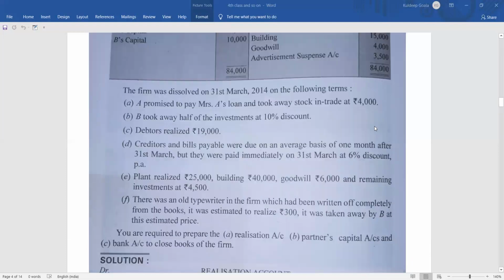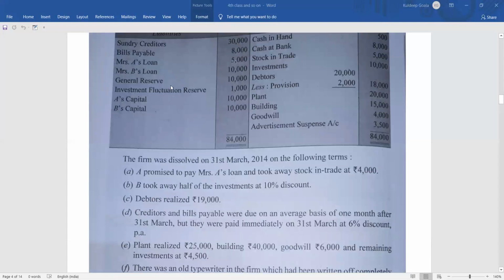Now coming to the adjustment, one by one we will go. First of all, A promised to pay Mrs. A's loan. Mrs. A's loan will be paid by A. So what is the loan amount? 5,000. If A will pay, A will get this amount of money, because Mrs. A's loan also will be treated as any outside loan, any outside money. So what will be the journal entry for that? Mrs. A's loan will be paid, right? So Mrs. A's loan is in the realization.